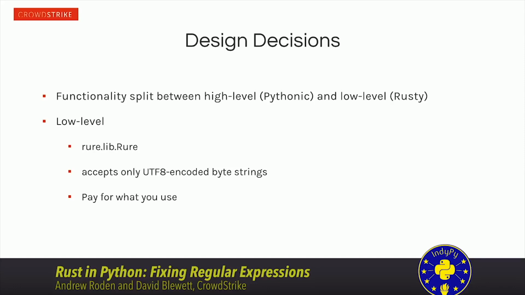If you want to know what the capturing group found in that string, that requires more, so it's another function to call. But in this way, if you have an extremely regular expression heavy application, you can only pay for what you need. A lot of the time, just a match is sufficient, and you can save a lot of computation overhead.